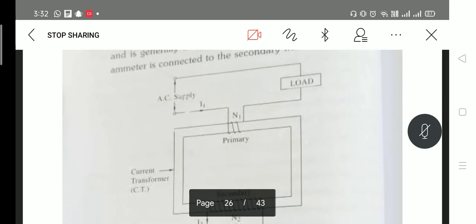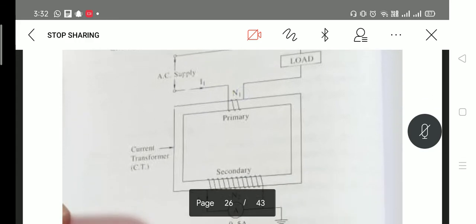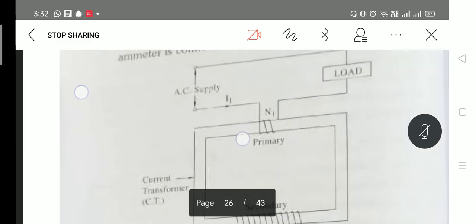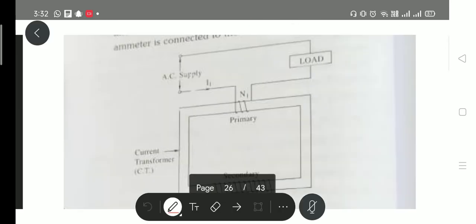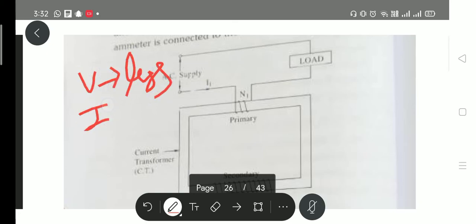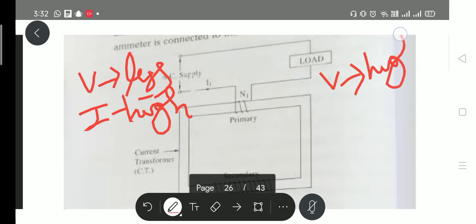In this current transformer the voltage will be very low on the primary side, but the current is high. On the secondary side the voltage will be high, and the current is very low.